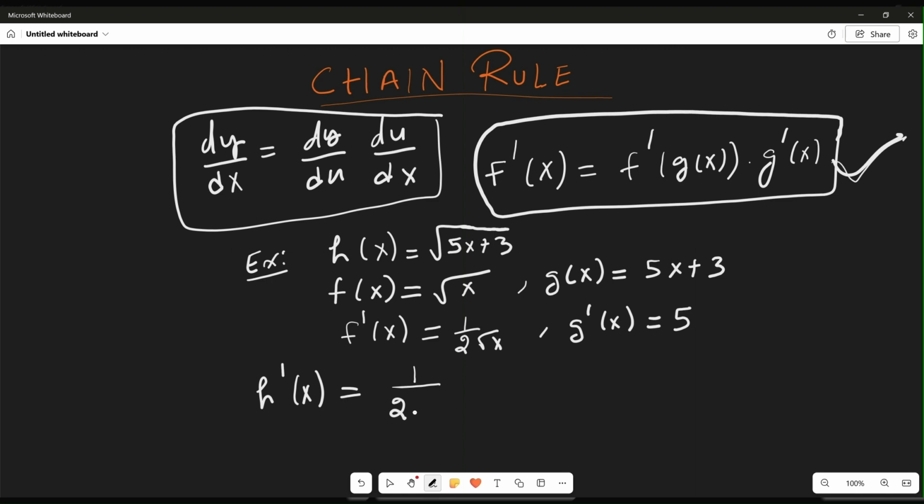That means we have to plug in g of x here, times g dash of x, derivative of g of x, like inner function, which is simply 5. So answer to this is 5 over 2 square root of 5x plus 3.